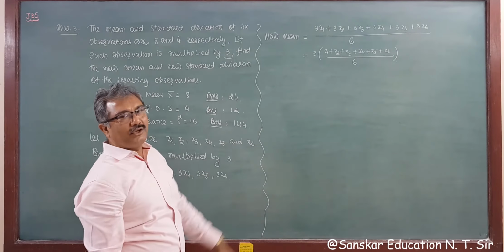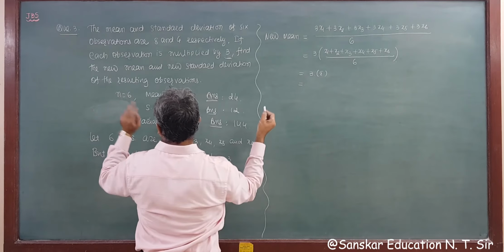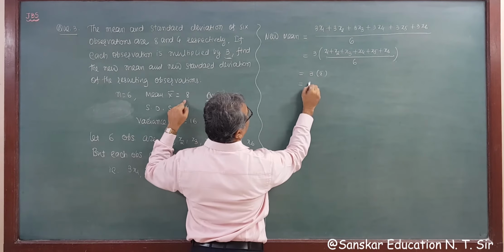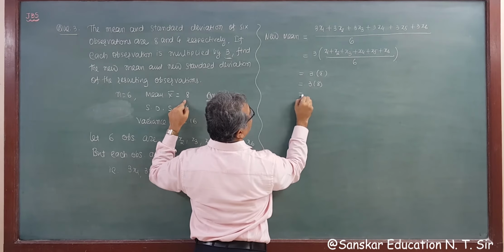So this is 3 times x bar, and x bar is given as 8. So the answer is 24, right? And if you do not want to write this, then you can write yi is equal to 3xi, right?